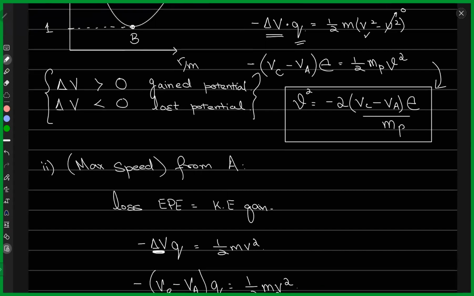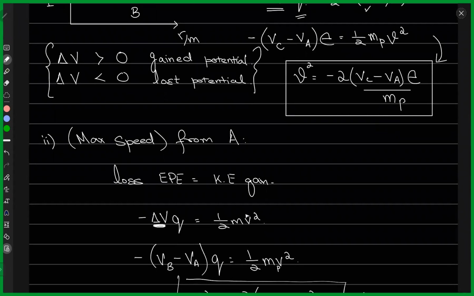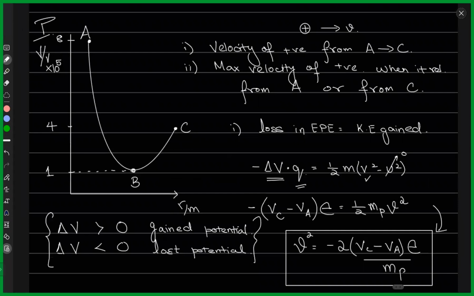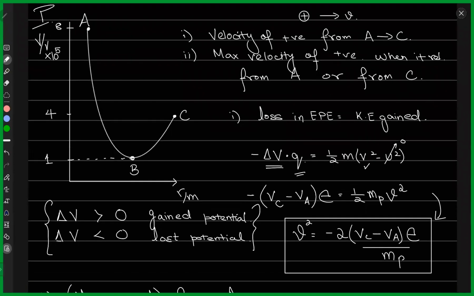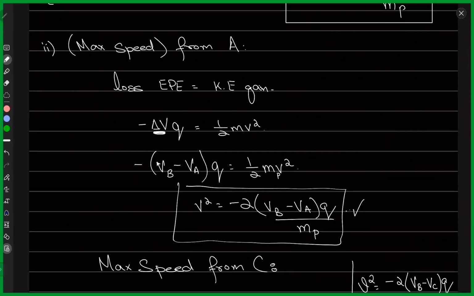So that was the kinetic energy gain coming from this loss in electrical potential energy. Now I'll use the same expression: minus delta V times Q is equal to half mv squared, where delta V is the change in potential, which is the potential at B, the final potential, minus the initial potential at A, because it's starting its journey from A. So minus (VB minus VA) times Q, and the rest is just putting in the values to solve for velocity.